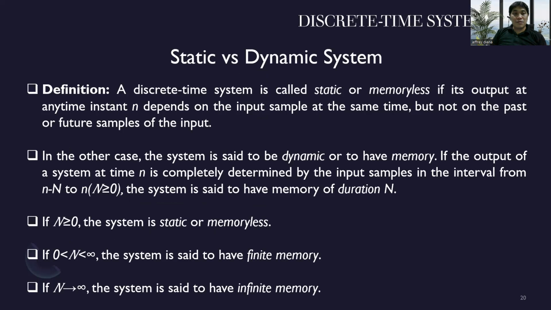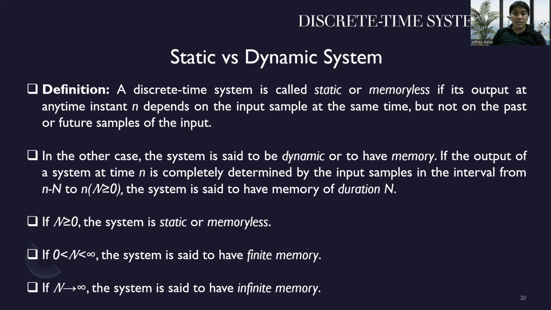So for the static versus the dynamic system, a discrete time system is called static or memoryless if its output at any time instant n depends on the input sample at the same time, but not on the past or future samples of the input.